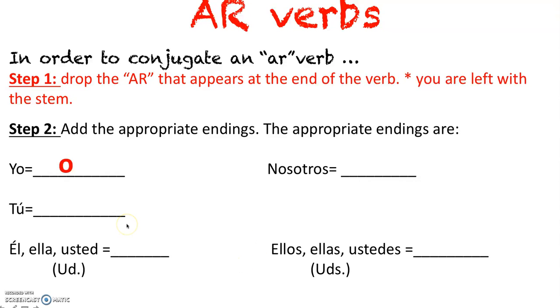My ending for tú, or for you, is as. Él, ella, and usted all have the same ending, and their ending is a, the letter A. Then our ending for nosotros is amos.